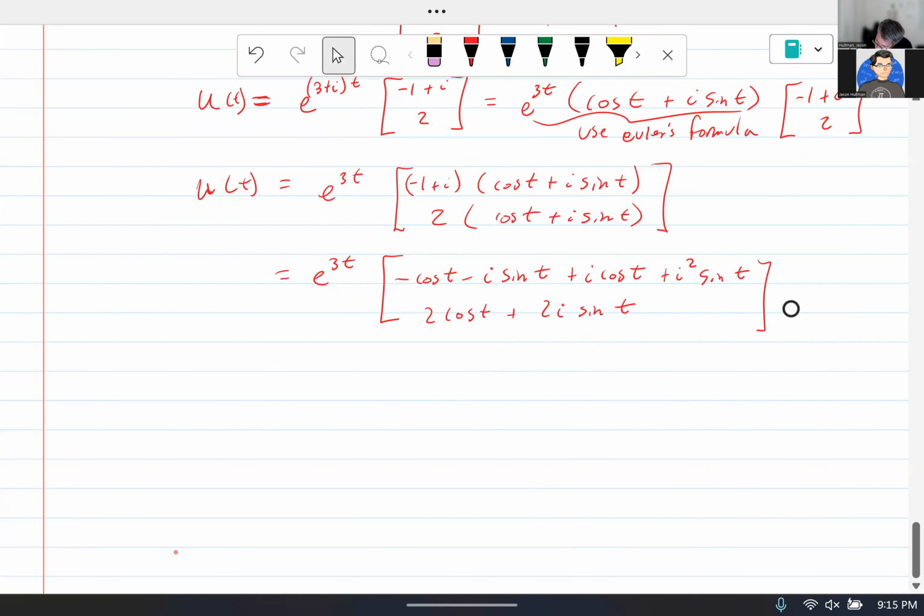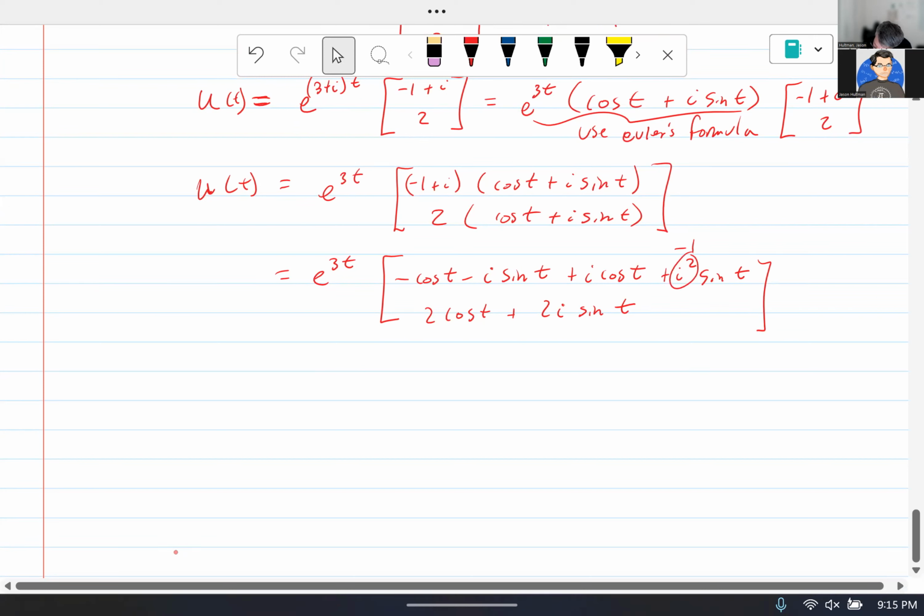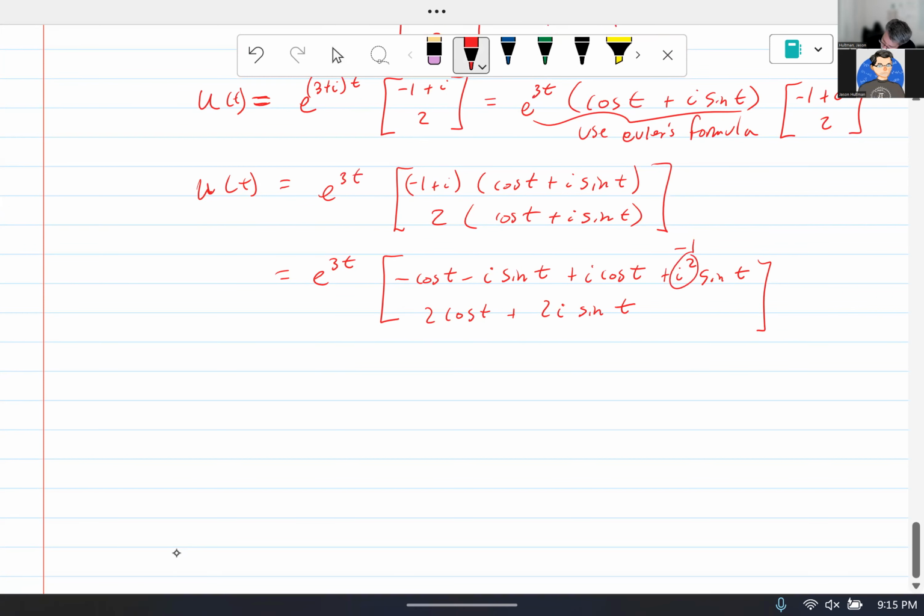Well, the i squared is -1, so I can replace this with a -1 and factor out the negative, and I would get negative cosine t plus sine t, and then this would become plus i times sine t plus cosine t.